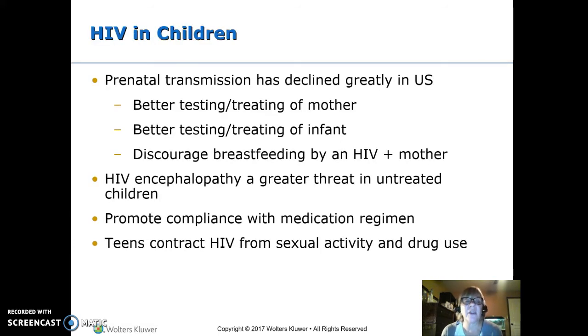And HIV in children actually is really decreasing in the U.S., and prenatal transmission isn't very common. HIV does not cross the placenta. There's really got to be a blood exposure. So we're doing much better at testing and treating the mothers. If the mother's on antiretroviral meds, very low incidence of the baby getting HIV.